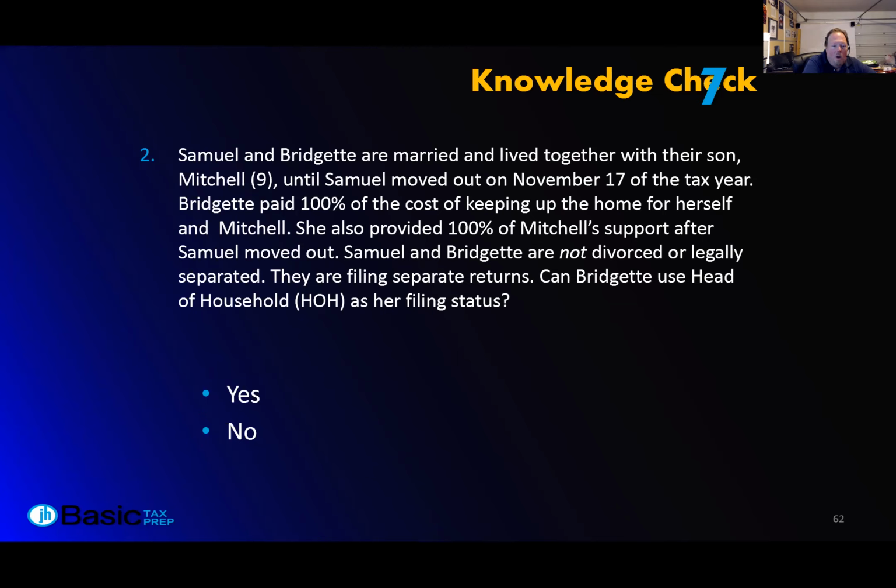They are filing separate returns. Can Bridget use head of household as their filing status? No. Why is that your answer? They didn't live apart the last 6 months of the year. No, they did not. So, no.